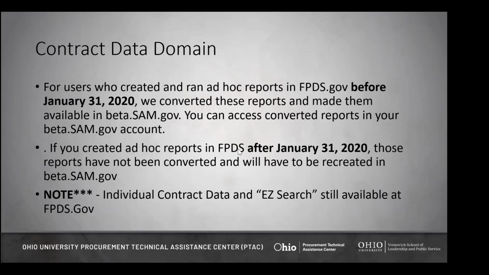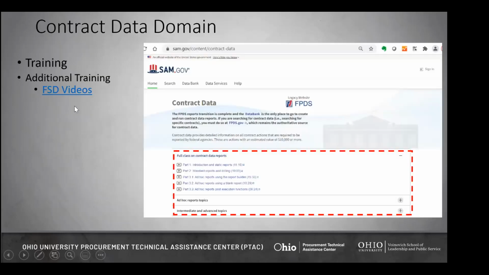If you created ad hoc reports in FPDS after that, then you'd have to recreate them. And here's some additional training and videos on contract data. This is probably one of the more complicated sections in sam.gov because it does have an ad hoc report builder, and that takes a little while to get used to.